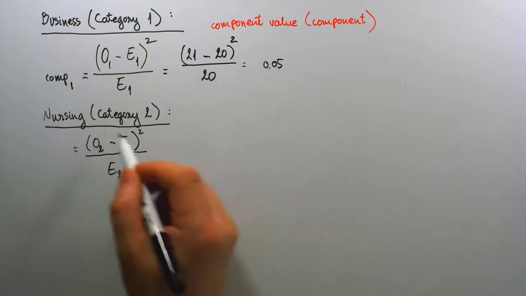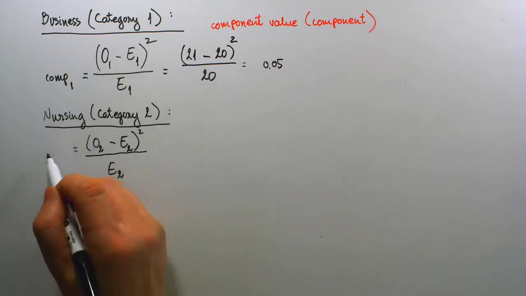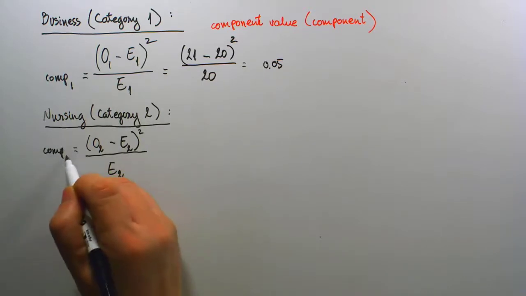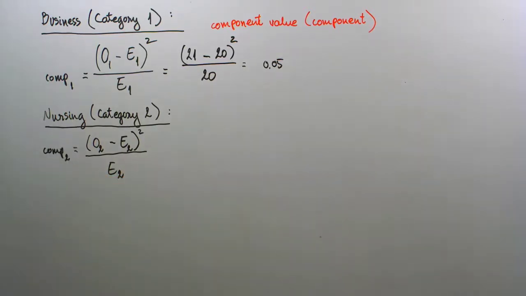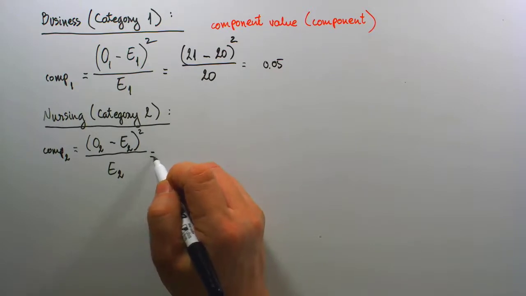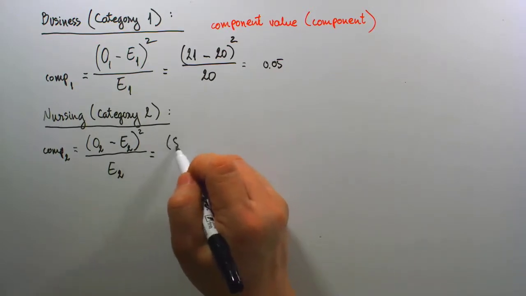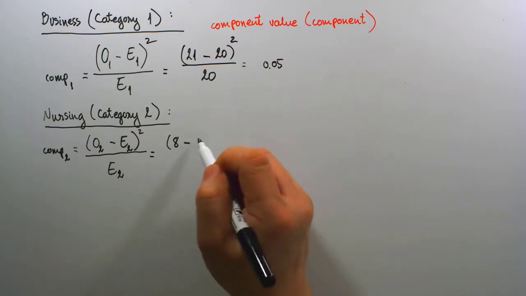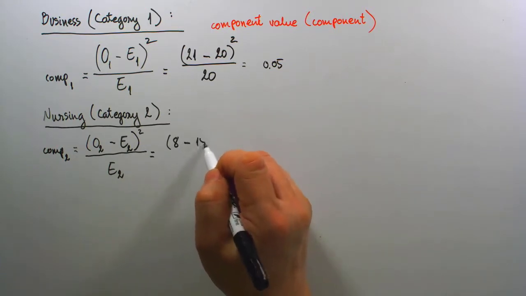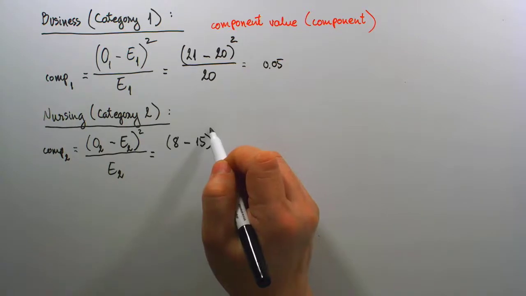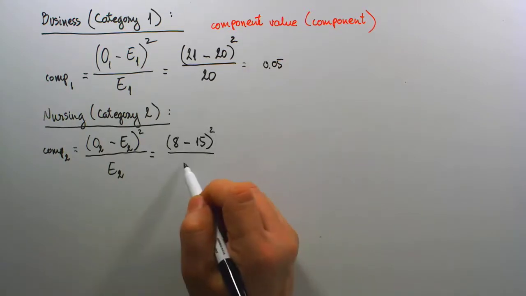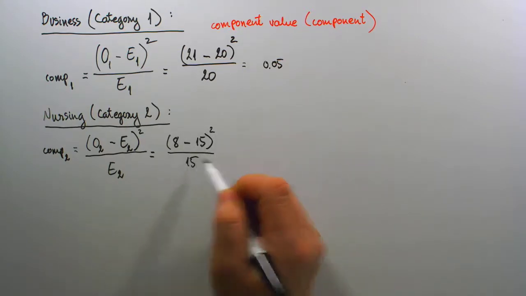And this final value, whichever way it comes out, will be regarded as the components value in category 2. And so the calculation will be set up as follows: 8 for the observed count minus 15 for the expected count, square the difference and divide it by 15.